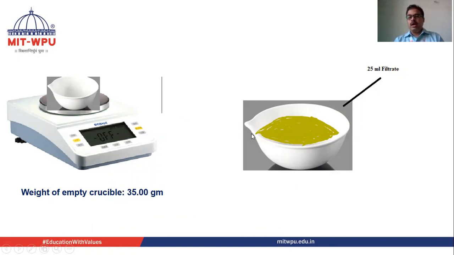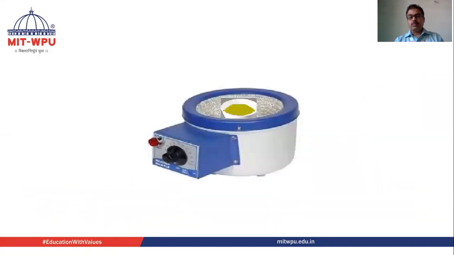So we add 25 ml of filtrate into this 35 gram porcelain dish, and then keep it for evaporation of the solvent from the filtrate. We can use a heating mantle or a water bath. We have to evaporate till dryness.